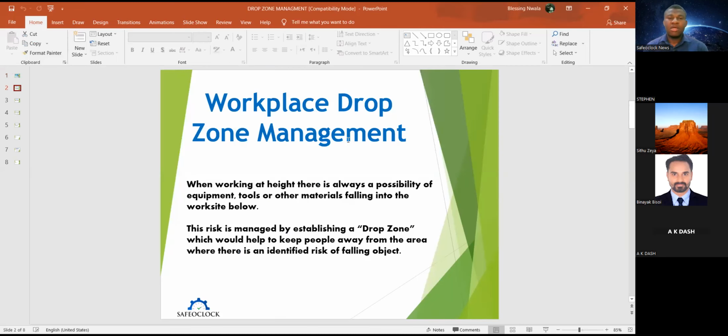When do we consider establishing a drop zone? When there is work at height and also a risk of material falling from height to below. In such instances, drop zone establishment is very important. It's an additional control measure to ensure that objects or materials falling from height do not cause injury.